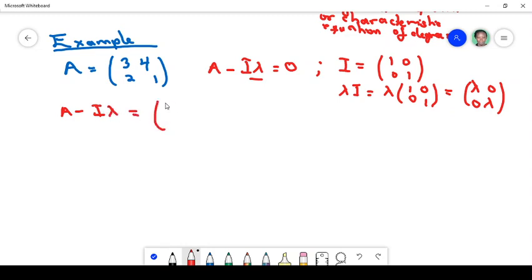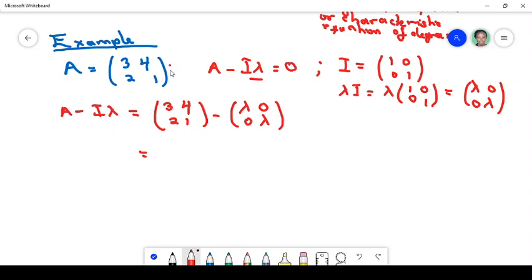What is our A? A is 3, 4, 2, 1 minus I lambda, which is that. So I have lambda 0, 0, lambda.